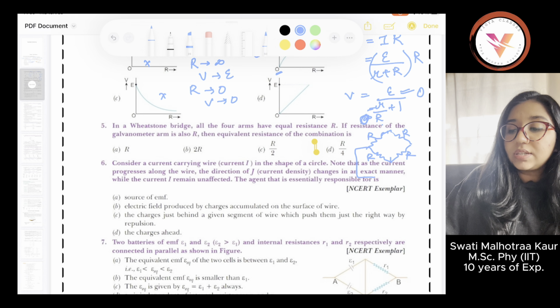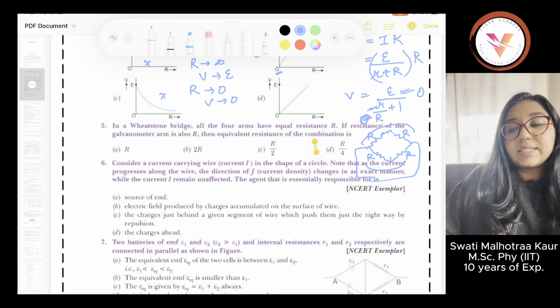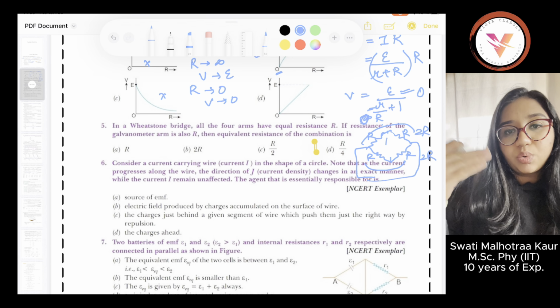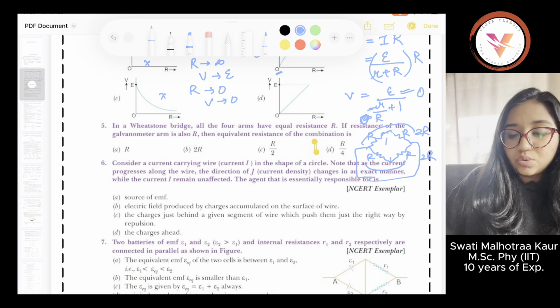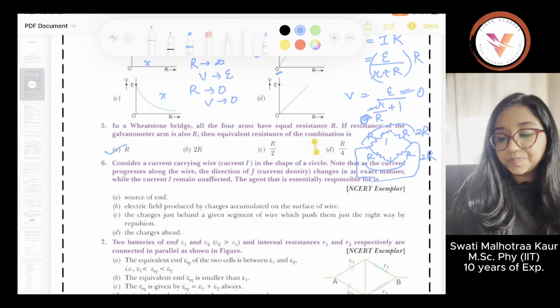These two resistances are in series and these two resistances are in series, and then they are in parallel. So R plus R is 2R, this is 2R, and then in parallel it is 1 by 2R plus 1 by 2R, which is 2 by 2R, that is R simply. So A is the correct option.